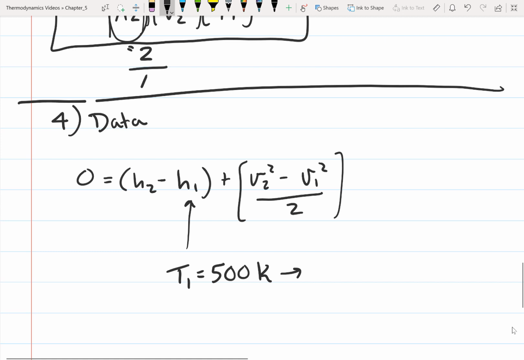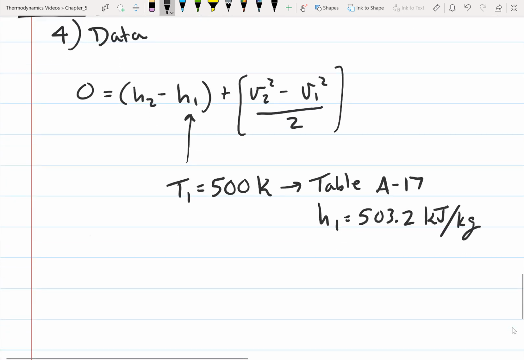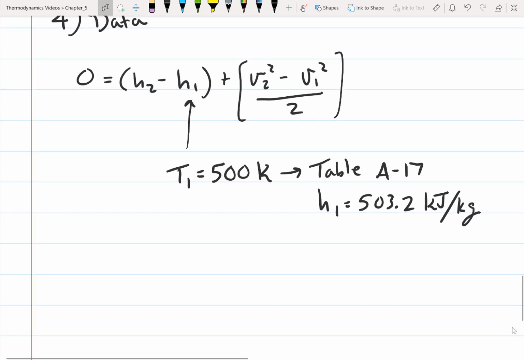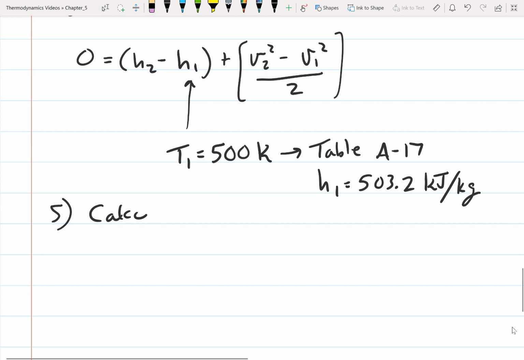And if we look at the air table, which is table A-17, H1 is equal to 503.2 kilojoules per kilogram. So now what I'm going to do is solve this equation for H2, and then I'm going to plug in the values. So we have our data from the table, so now we're going to calculate, or let's call this calculations.